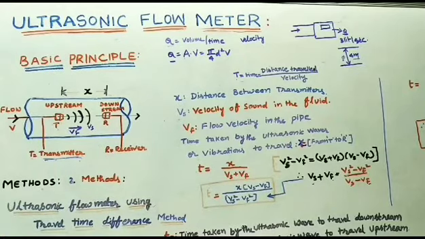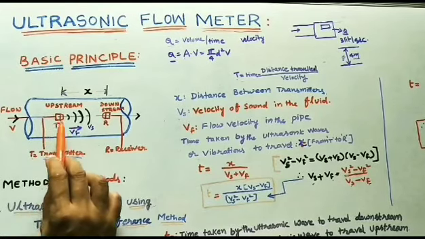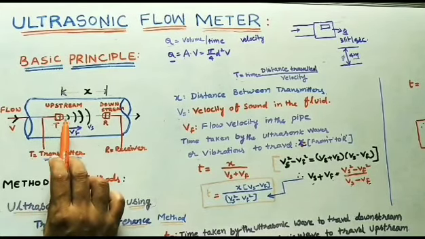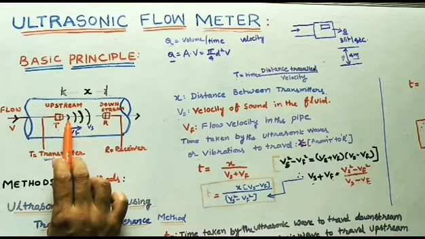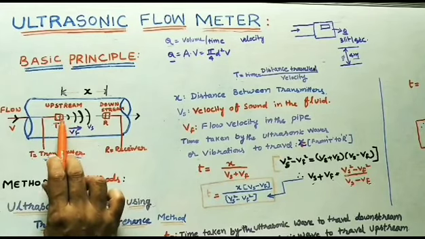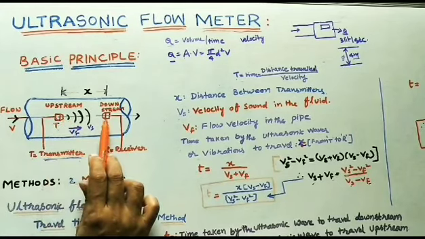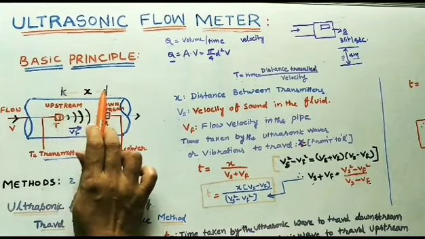Now what is the basic principle? How to find the Q value by using this arrangement? The basic principle is the travel time of the ultrasonic wave from one point to the second point, that is x distance.